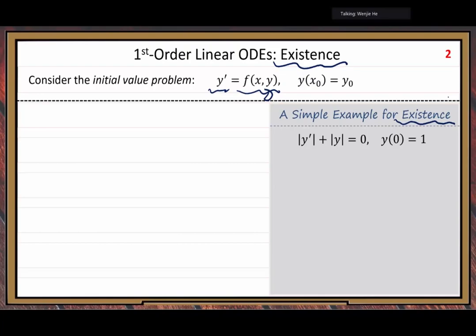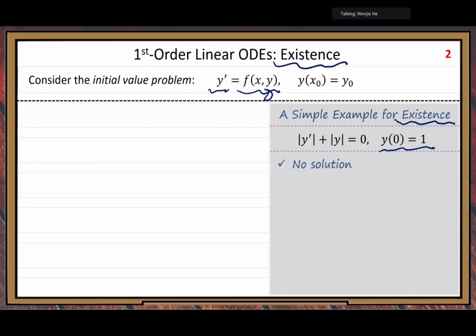This is a very extreme case showing the solution does not exist. Why? The absolute value of y prime plus the absolute value of y equals 0, with initial value y(0) equals 1. Can you see this equation has no solution?